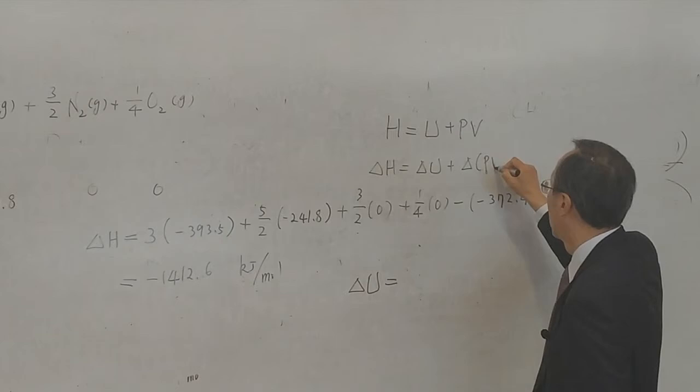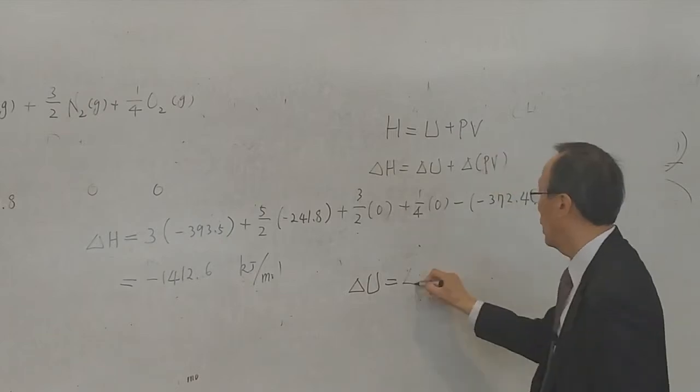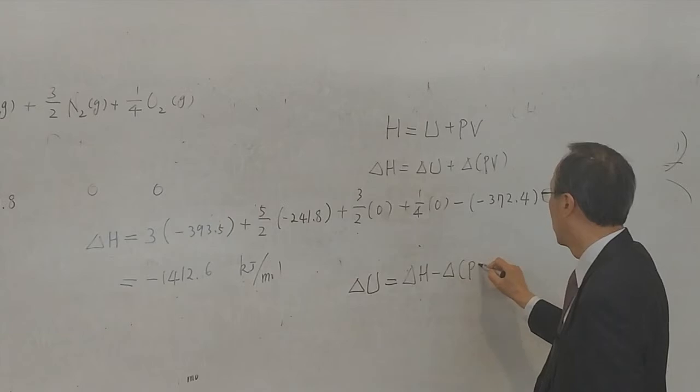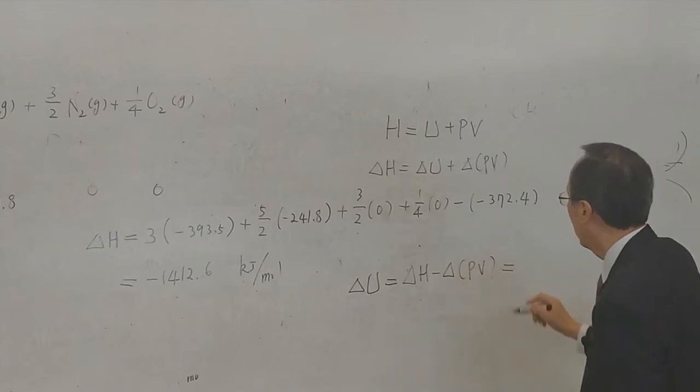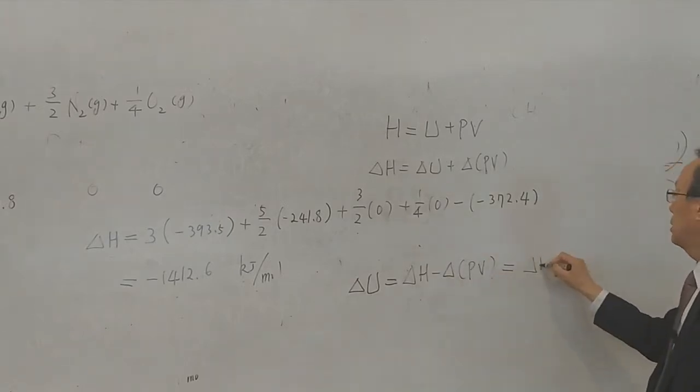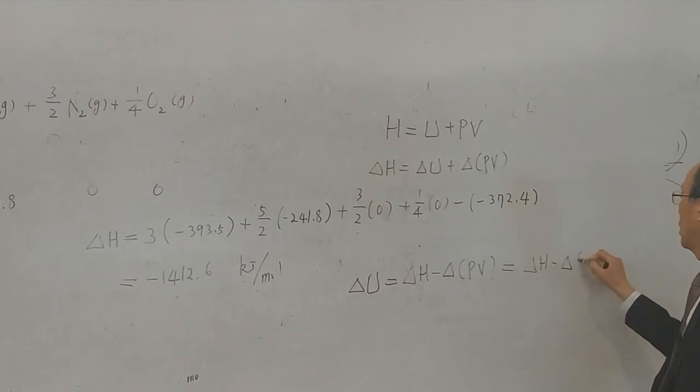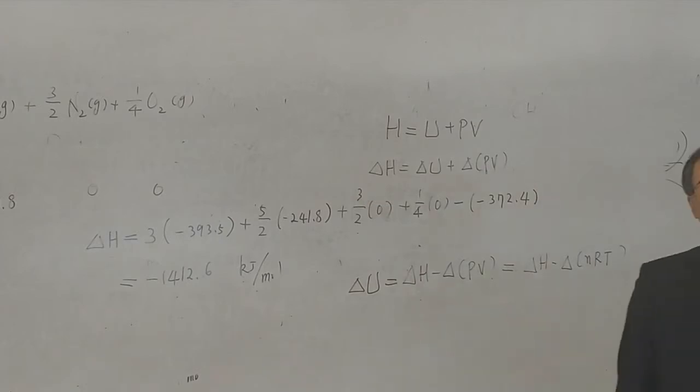So delta U equals delta H minus delta PV, which equals delta H minus delta nRT. We assume all these gases are ideal gases.